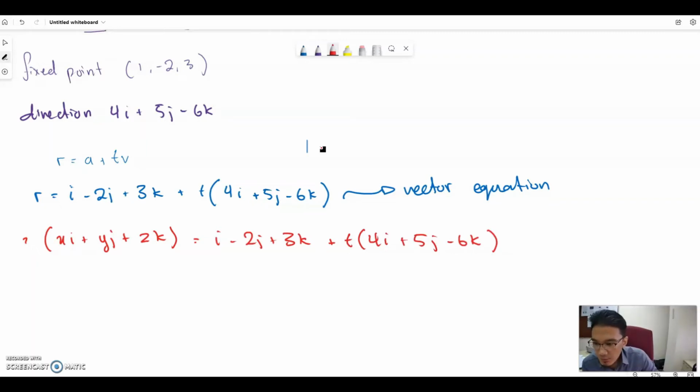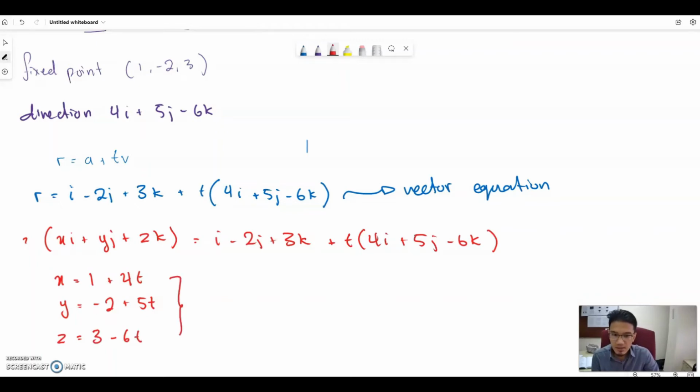So we compare the i components and the other components: x equals 1 plus 4t, y equals -2 plus 5t, and z equals 3 minus 6t. So this is the parametric equation.